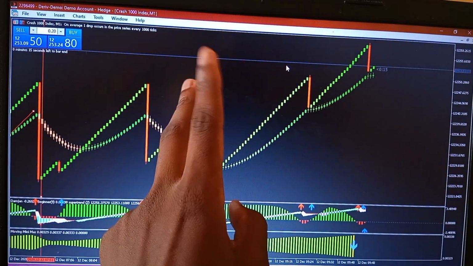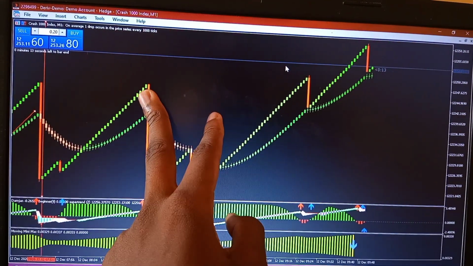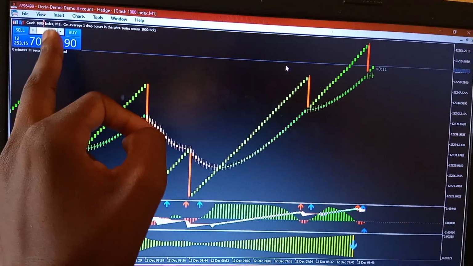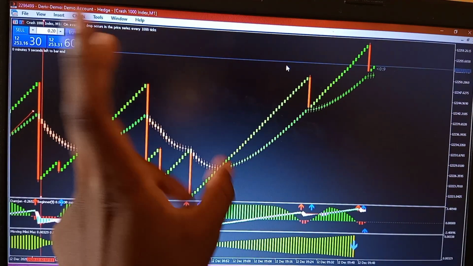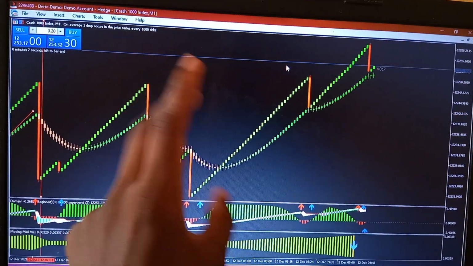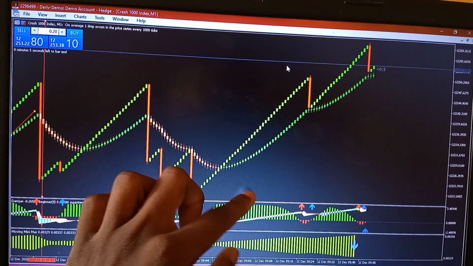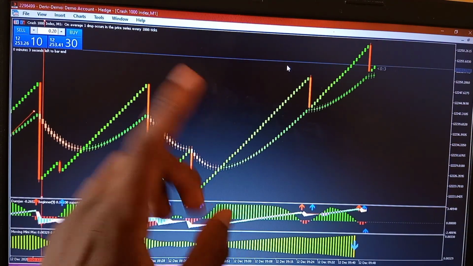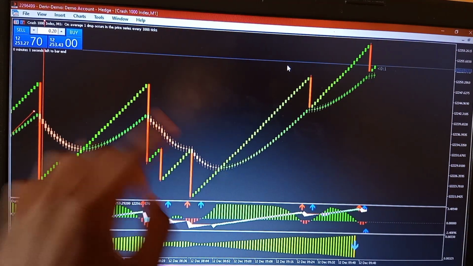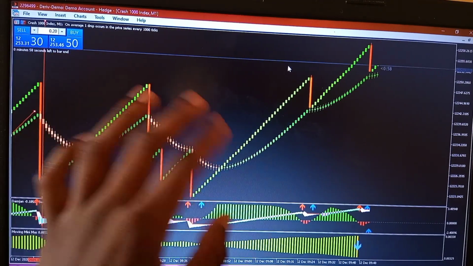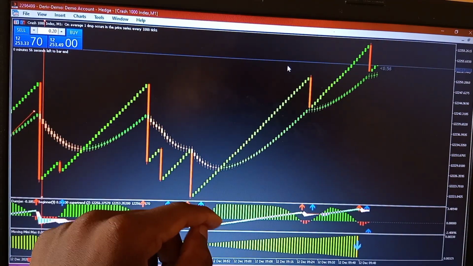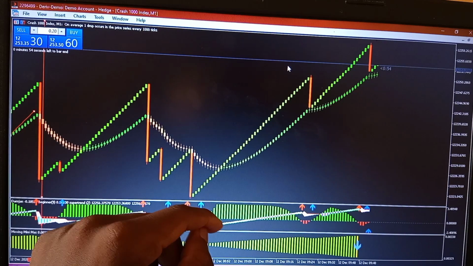The other way is buying after spikes. For example, this is crash. After a spike you can place a buy and it can show you when you should close your trade before a spike comes in. So if you're trading boom, in this case you have to sell before the spike happens.